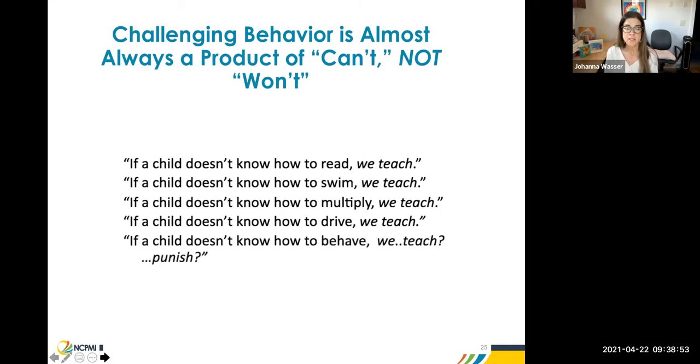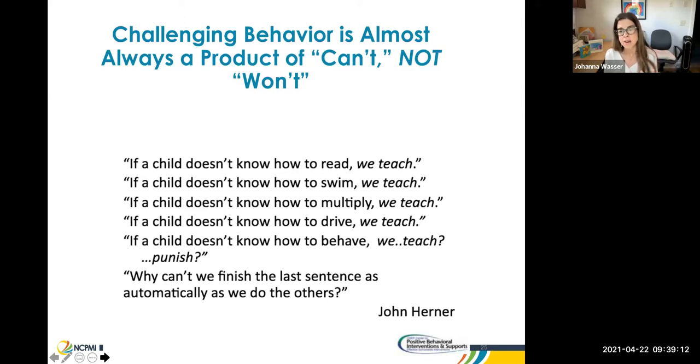But if a child doesn't know how to behave, what do we do? Do we teach them or do we punish them? And unfortunately, a lot of times I see the punishment reaction versus the, ooh, let's take a moment and figure out what's going on. What does the child need to say? And so we need to get better at finishing this statement as, when a child doesn't know how to behave, that is also an opportunity for us to teach.